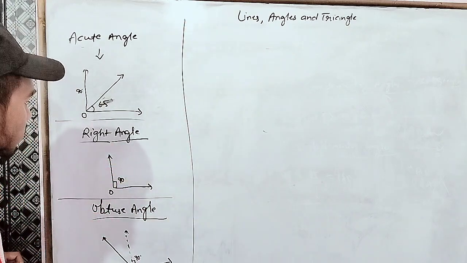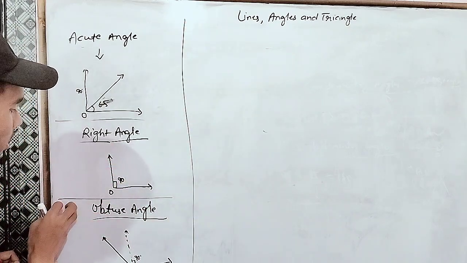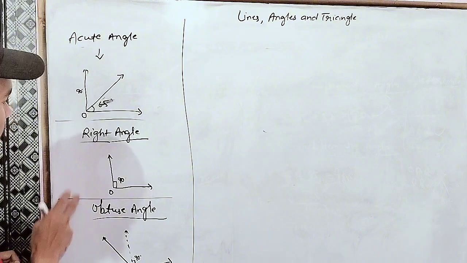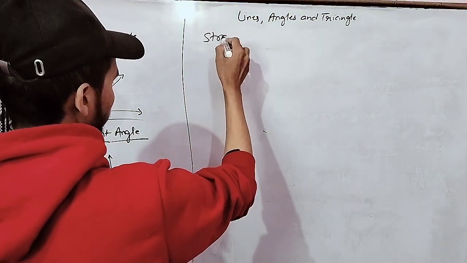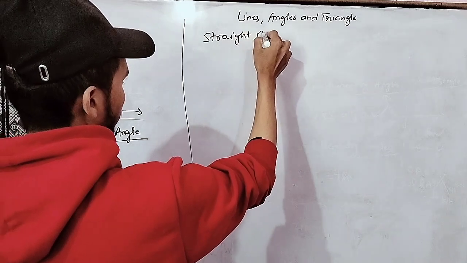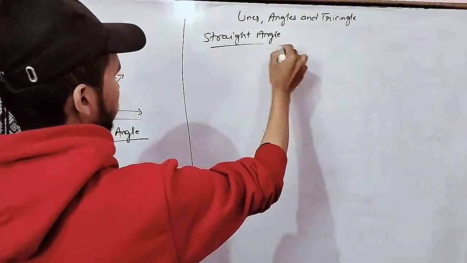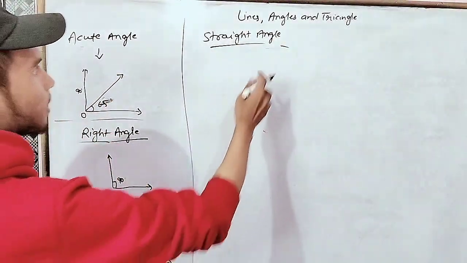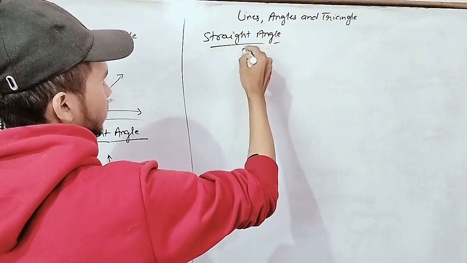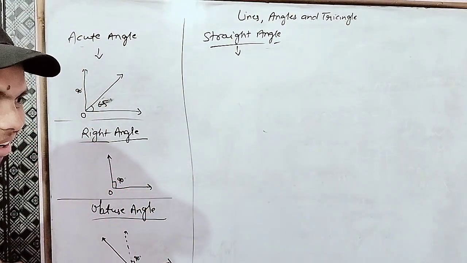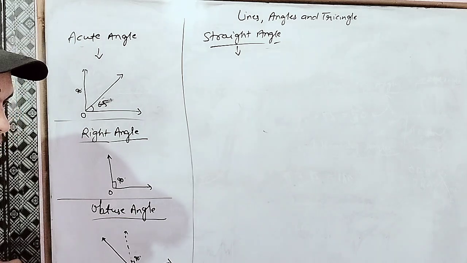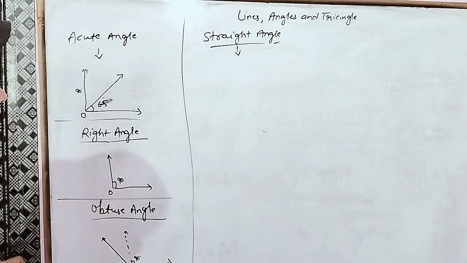Now next, we understood the names of angles so far. Next, straight angle. It explains that the value of the angle is 180.